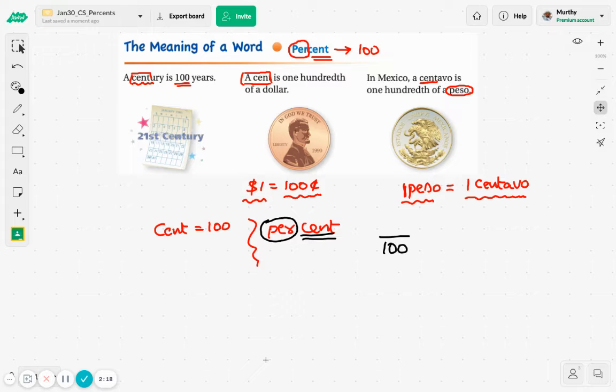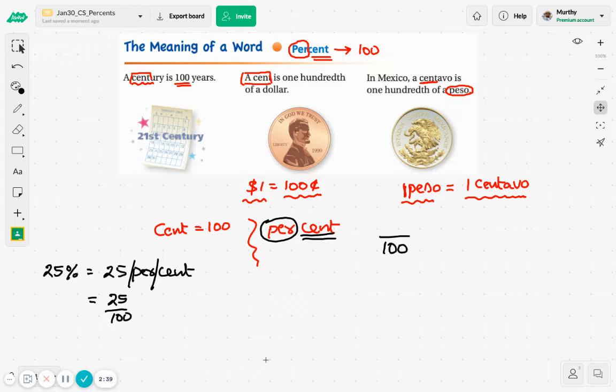So let's say I say 25, and you know about this symbol percent. When I say this one, it is 25 per cent. So 25% means it is 25 out of 100.